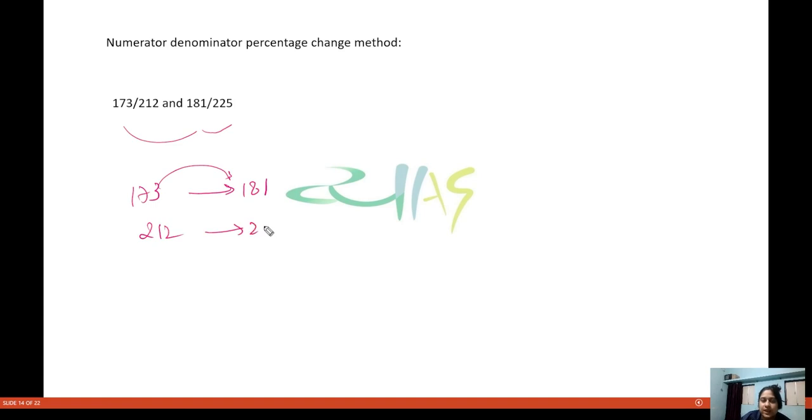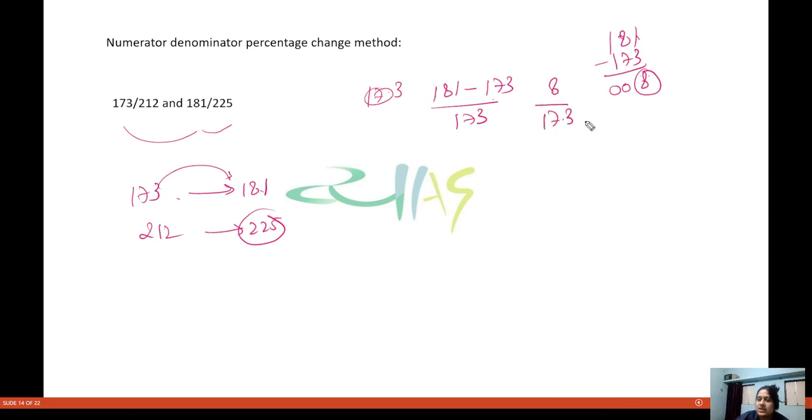And your denominator is also increasing. Basically, this is 225 minus 212 divided by 225, which comes to 13 divided by 225. Now 10% of 225 is 22.5, and if you divide this by 2, it will be 11.25.